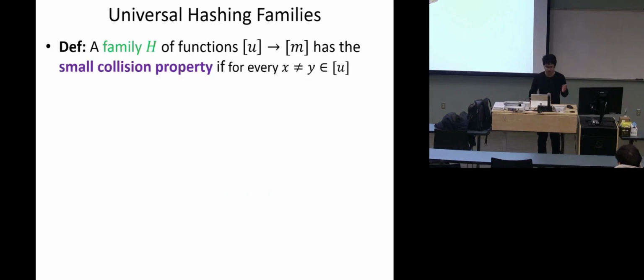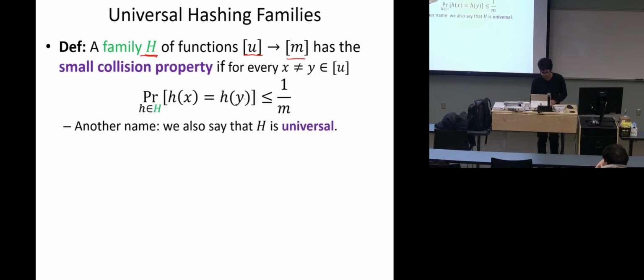So let's give the definition first. We say that a family H, a family of functions that map U to M, has the small collision property if for any two different keys, when you sample a function from this family, they collide with probability at most 1 over m.